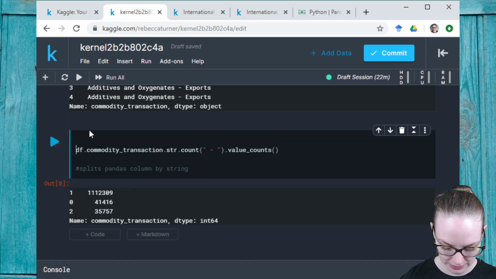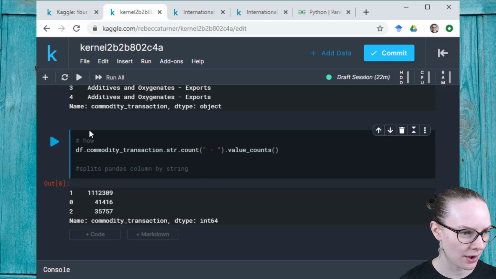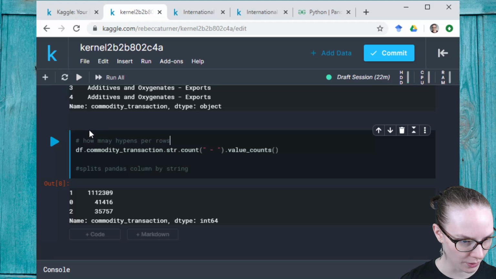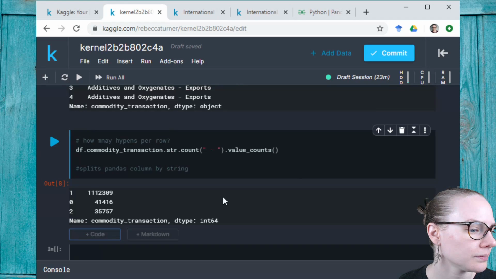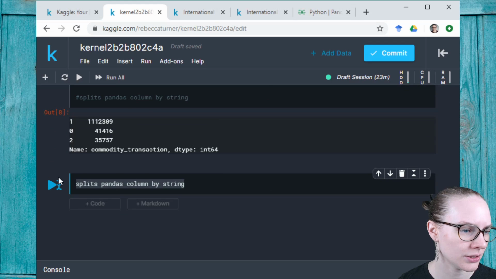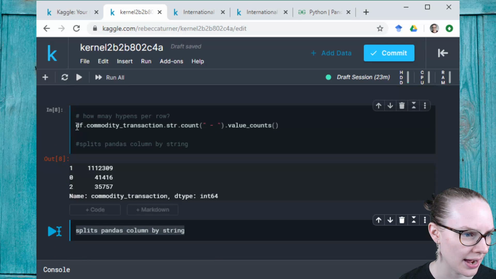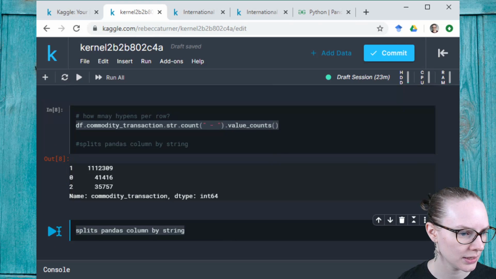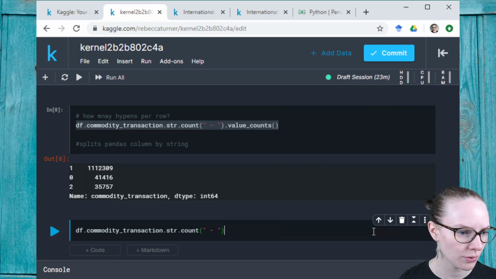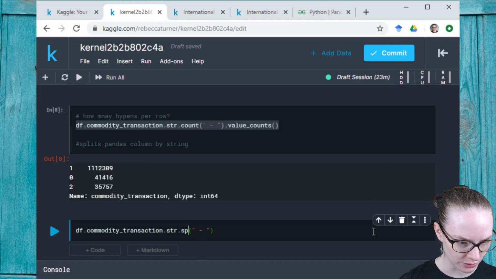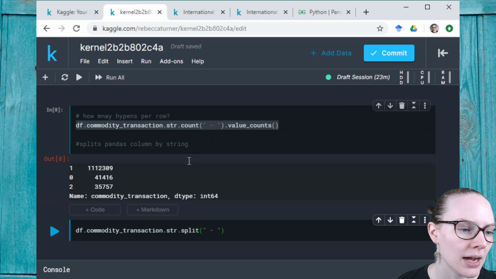So, how many hyphens per row? All right, so what we want to try to do now is get rid of this, and instead of count, I think we want to do split.